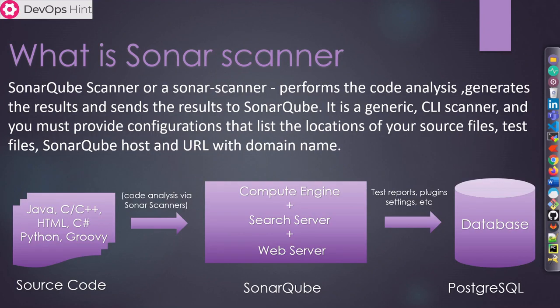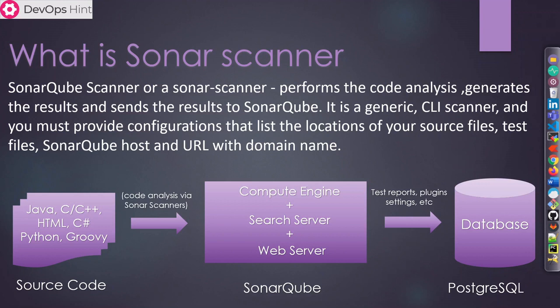So let's see what is Sonar Scanner. This Sonar Scanner or SonarQube Scanner performs the code analysis, generates the results, and sends the results to SonarQube. Okay, it does the code analysis, then it generates a test result and submits that test result to SonarQube. It is a generic CLI scanner and you must provide the configurations, the properties, to do the analysis.